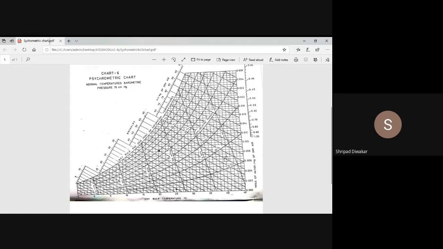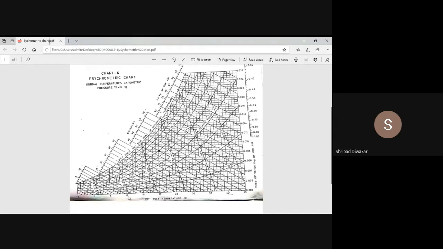This is the intersection point of 20 degree DBT and 10 degree WBT. 20 is the dry bulb temperature line and 10 is the wet bulb temperature, which is why two important parameters are required. DBT is always higher than WBT.